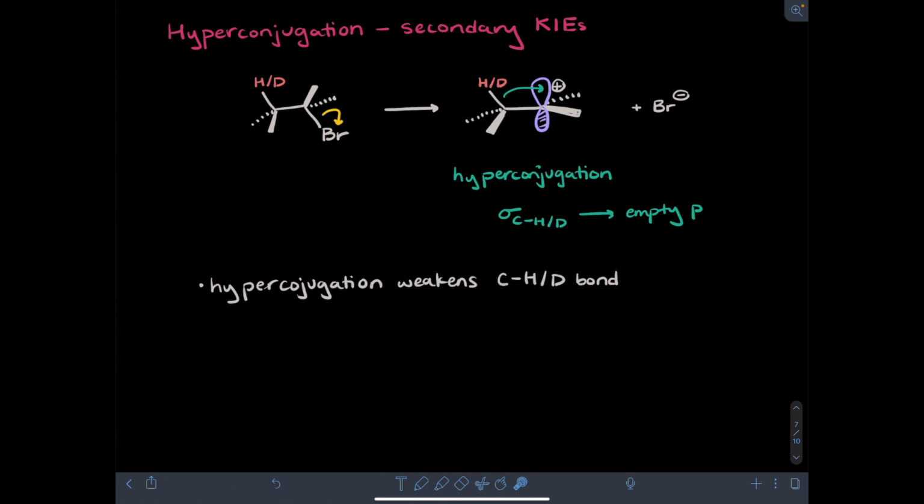This hyperconjugation is going to weaken the carbon-hydrogen or deuterium bond relative to how strong it was in the starting material. And you might see this manifested as a normal secondary kinetic isotope effect that would be between about 1 and 1.4.